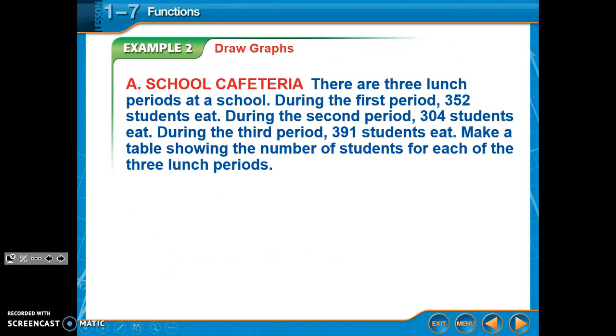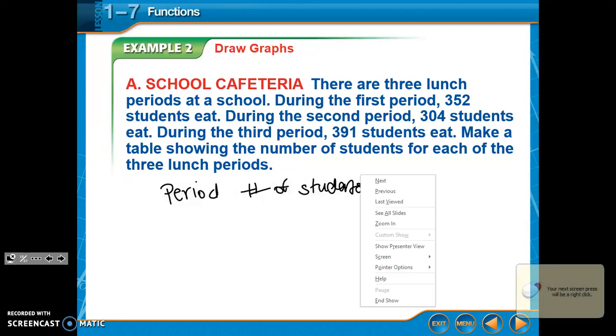Okay. Example 2. There are 3 lunch periods at school. During the first lunch period, 352 students eat. During the second lunch period, 304 students eat. During the third period, 391 students eat. Make a table showing the number of students for each of the 3 lunch periods. So we can say period here, and then this one's going to be the number of students.